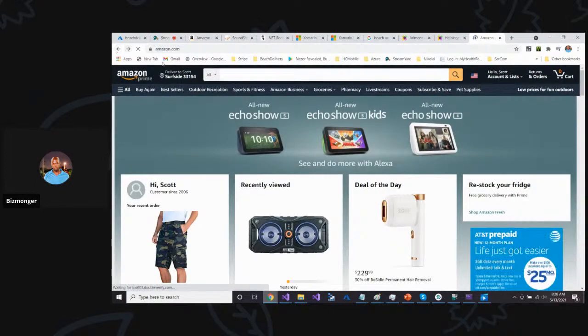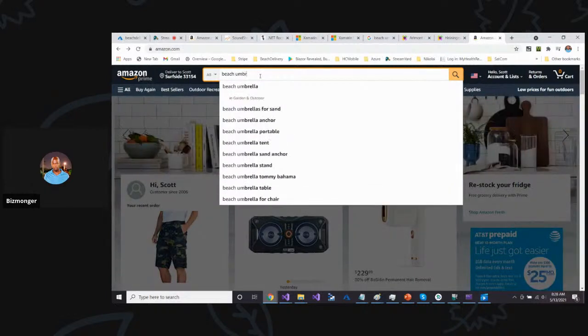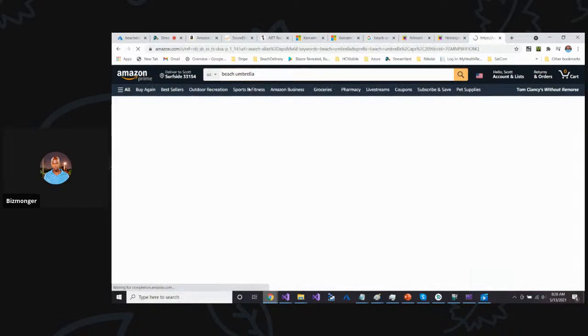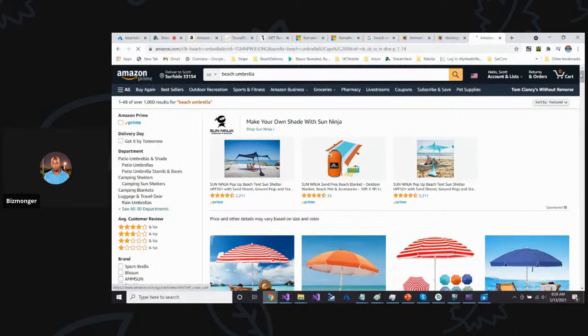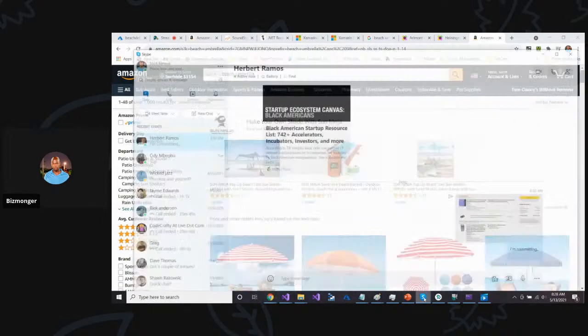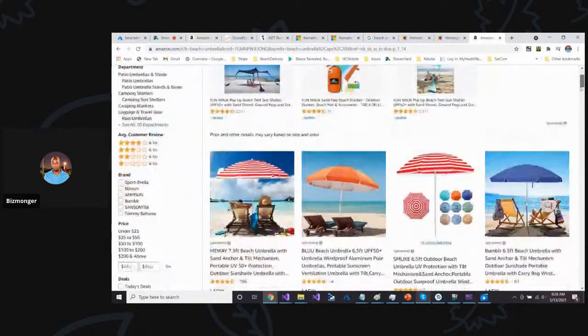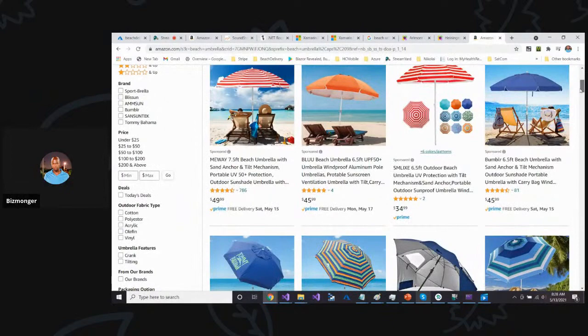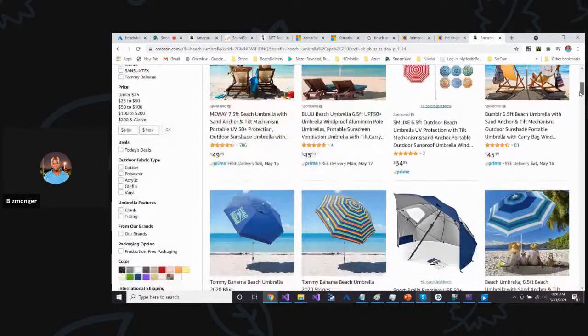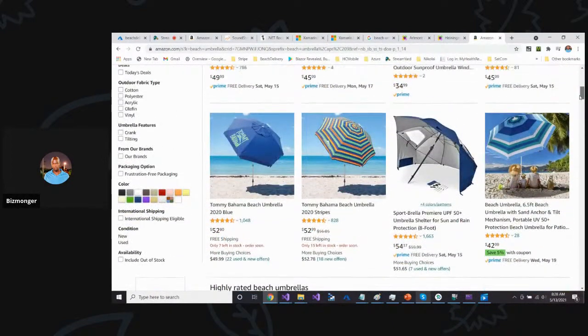I just want to make sure I get the right one. Is this what I just looked at?